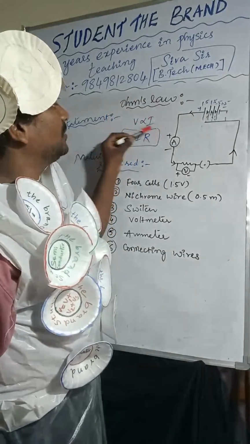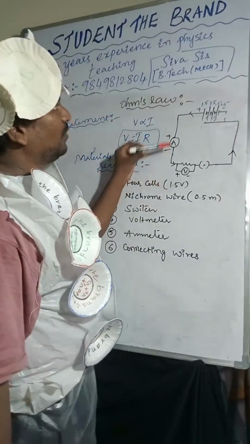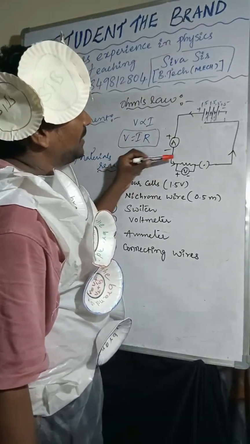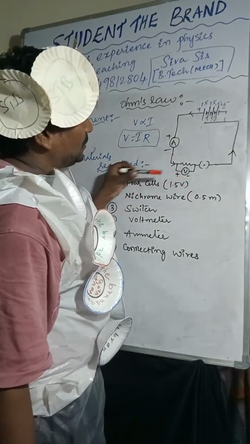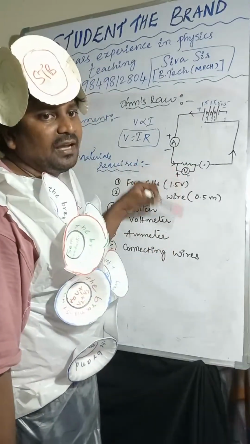V is directly proportional to I, V equals IR. The materials required are four cells of 1.5 volts each, nichrome wire of 0.5 meter, a switch, a voltmeter, an ammeter, and connecting wires.